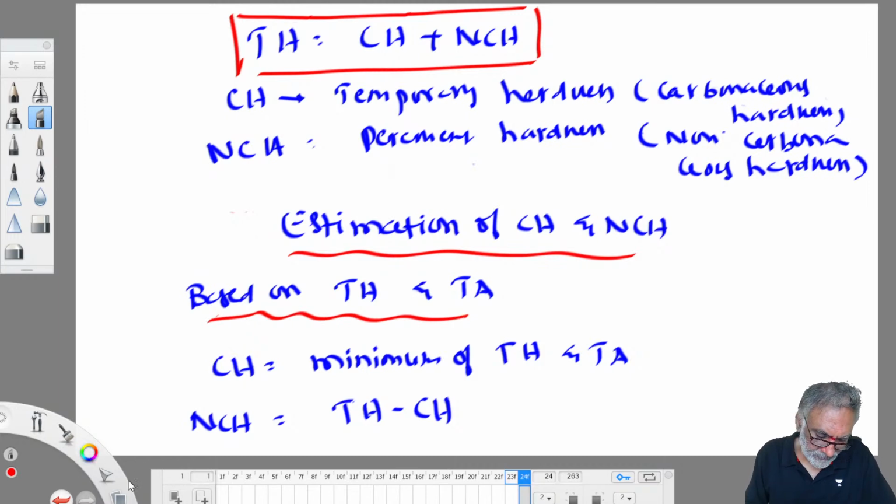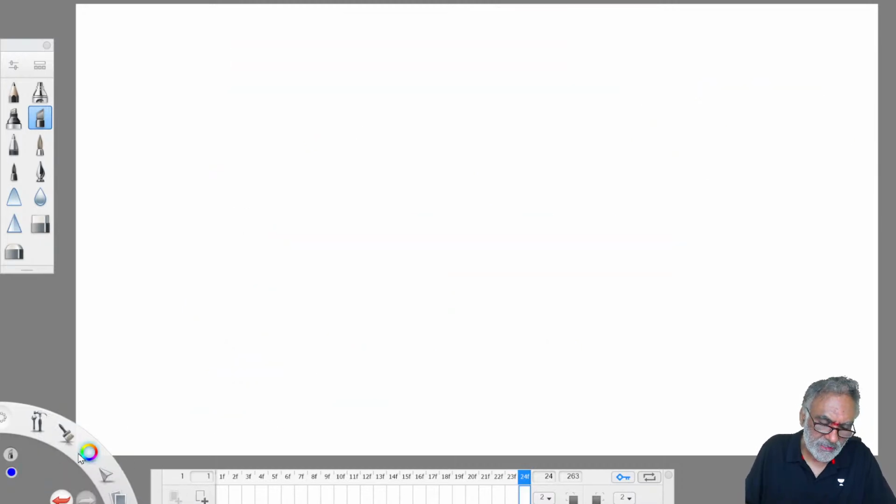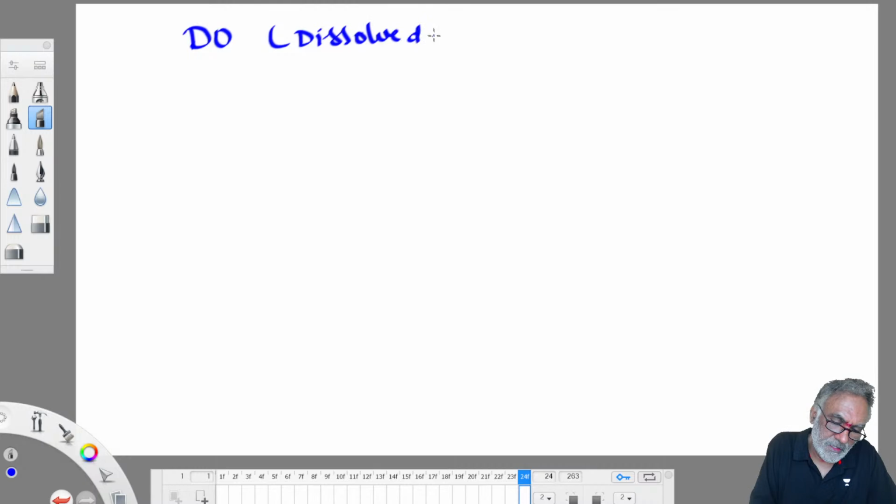In addition to this, the other chemical water quality parameters you have to remember. DO means dissolved oxygen, measured by Winkler's method.